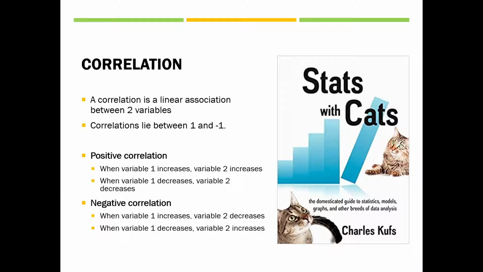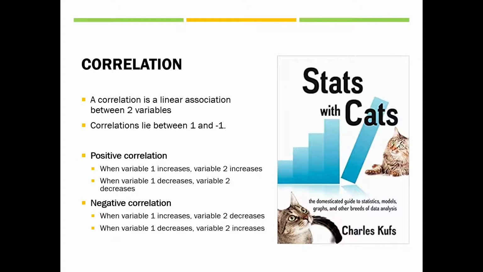So a correlation is basically a linear association between two variables, and this correlation will be a number between 1 and -1. So there are positive correlations where you have one variable that increases and then the second variable also increases.